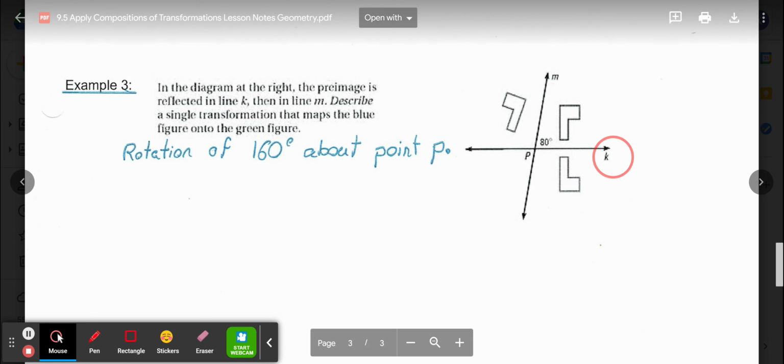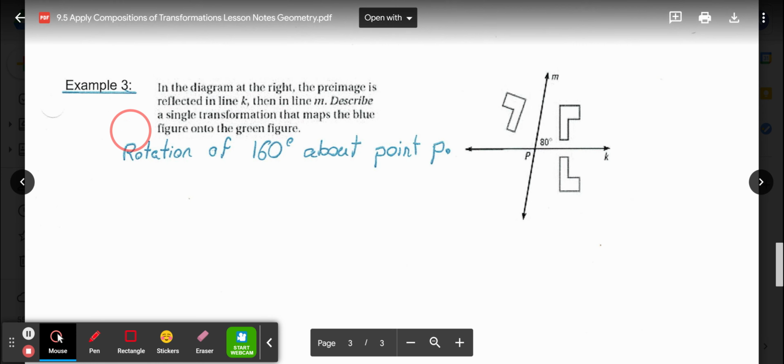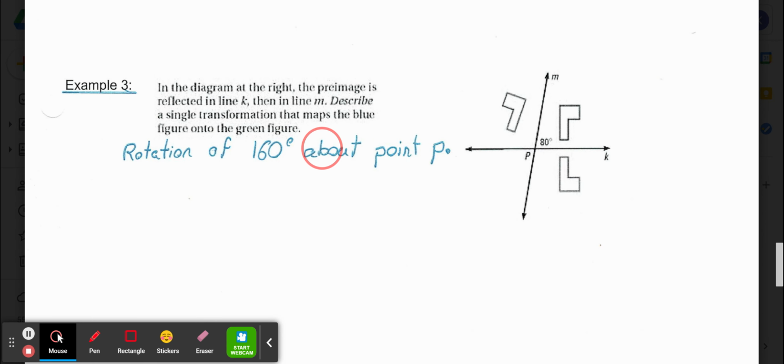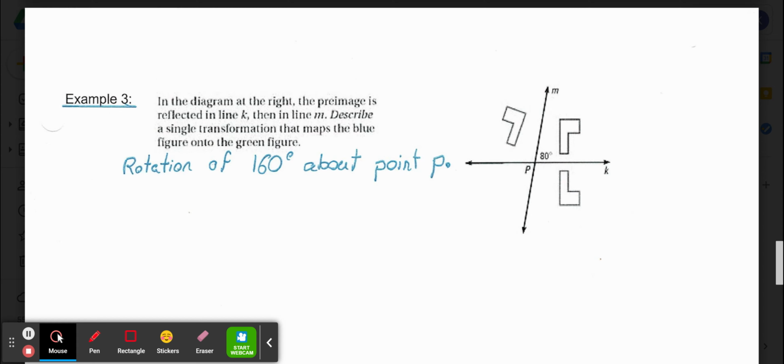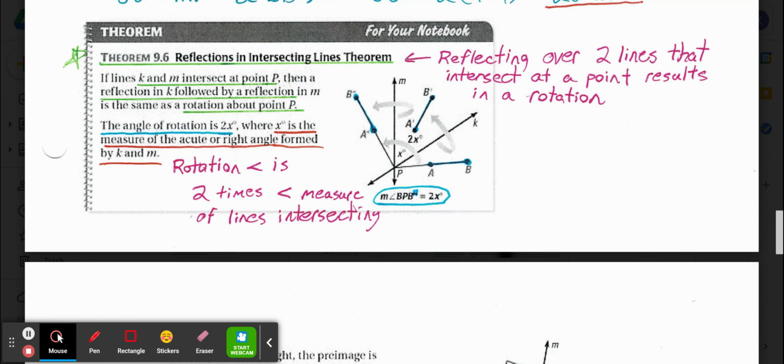Well, we know M and K intersect at 80 degrees. So from this figure to this figure, it could be described as the single transformation of a rotation of 160 degrees about point P. Because of theorem 9.6 right here telling us that the rotation angle measure is 2 times the measure of those intersecting lines.